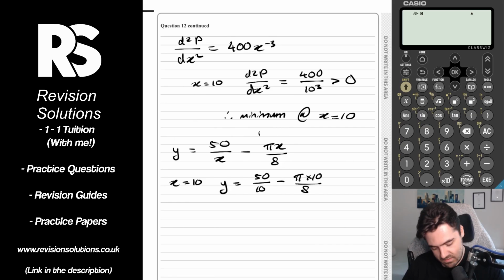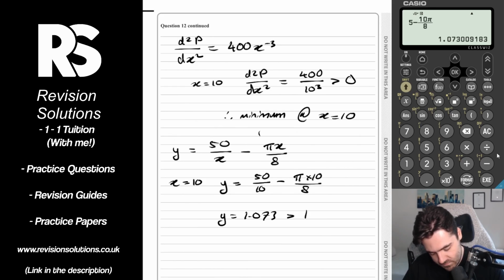Putting that in the calculator, 50 on 10 is just 5. And it's minus 10 pi over 8, which gives us 1.073. Which importantly is bigger than 1. So therefore it is suitable.